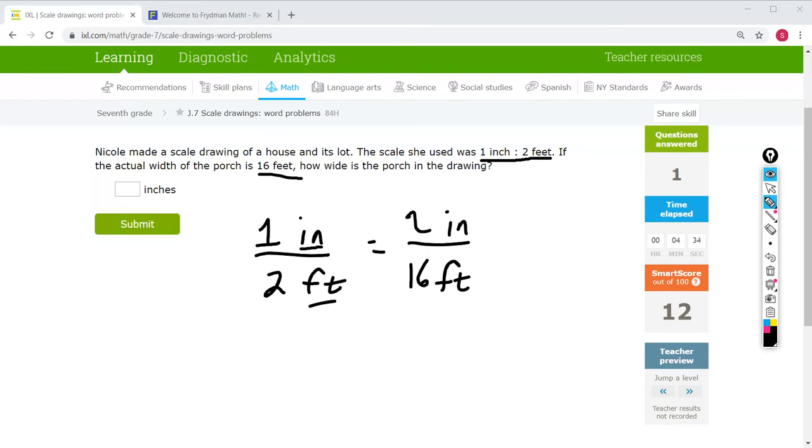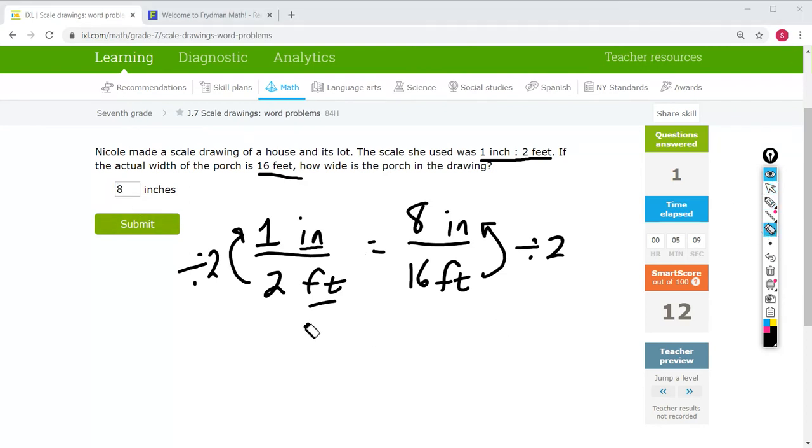And up here in the numerator, we'll put an x. That's what we're looking for. Then we could cross multiply. Well, actually, for this one, we could say that 2 divided by 2 is 1, and 16 divided by 2 is 8. So that's one way that we could have answered that question. So the answer is 8.